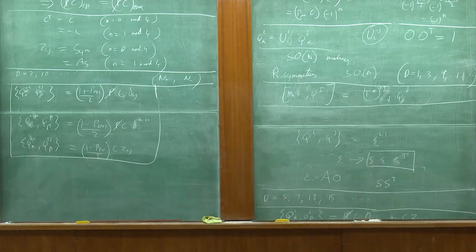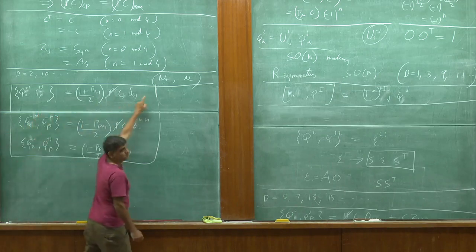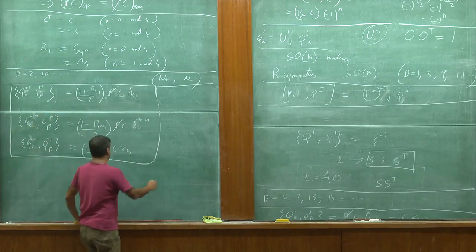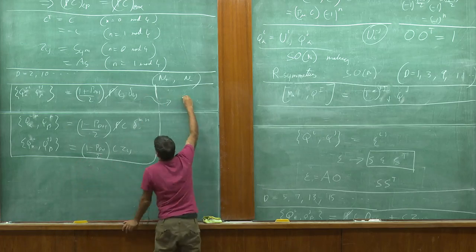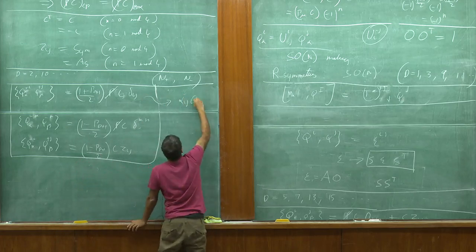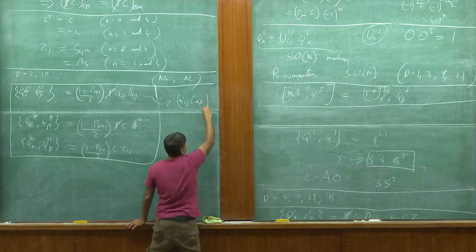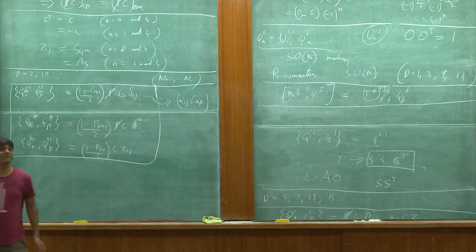Okay, so let's try that out. Suppose we had up here added a term which was some alpha ij times C alpha beta. Could this have been consistent?